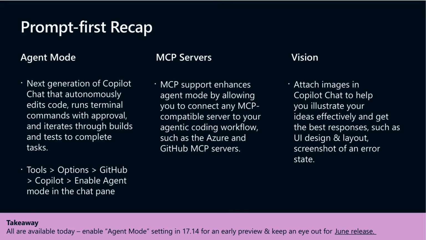Vision capabilities allow you to attach images like UI mockups or screenshots directly inside Copilot chat. This enables Copilot to generate precise and context-aware code from visual inputs, which enhances collaboration with designers and accelerates UI development. Ask Mode remains available for focused queries or small code snippets, providing flexibility alongside these advanced features.